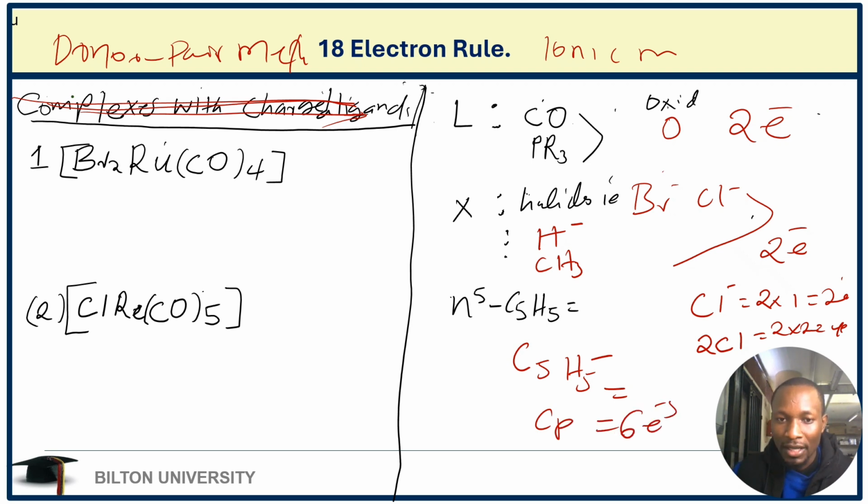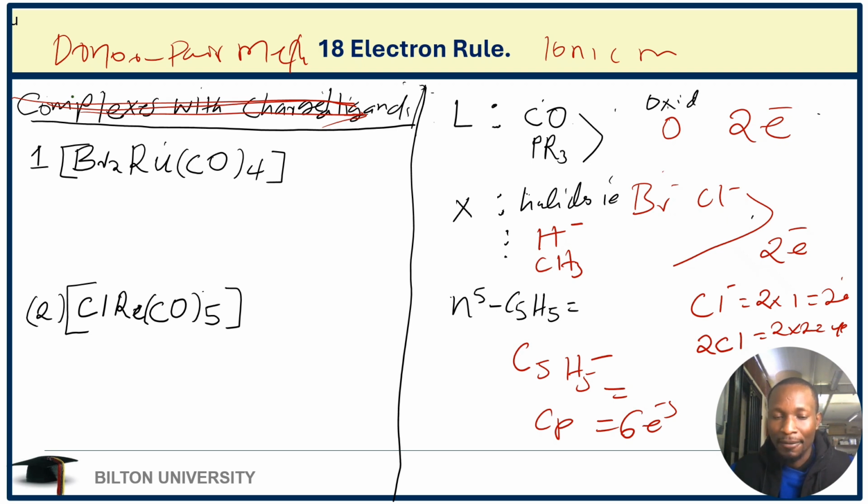Okay, so in case you see this, then it is under the donor pair method, and you must remember that it contributes 6 electrons. The most important thing that you need to know is the oxidation number of the metal and how many electrons the metal is going to contribute.